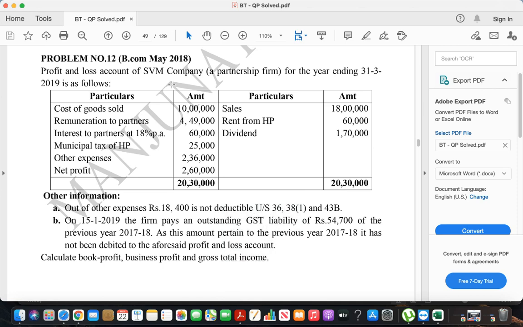Draw up the profit and loss account. Particulars, amount. First write down on the debit side. Cost of goods sold, 10 lakhs.